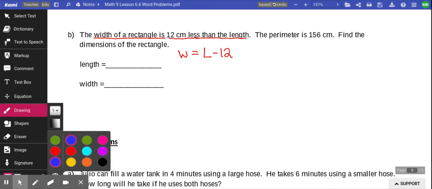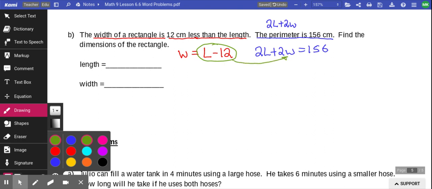The second equation says the perimeter is 156. Perimeter is 2 length plus 2 width. That means 2 length plus 2 width equals 156. Again, I want to substitute that in for width.